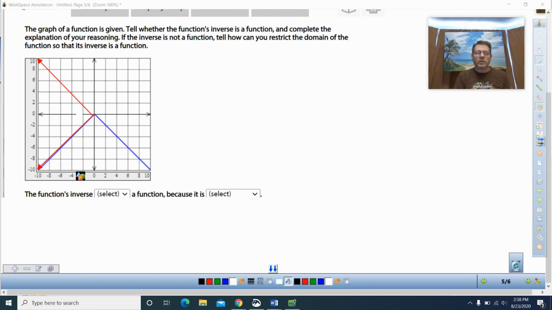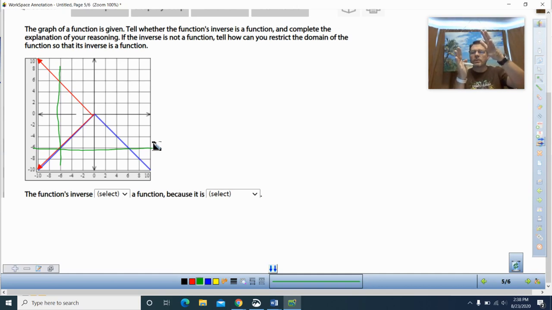Well, if I draw a vertical line through this spot right here, that's the -6. Let me do it in green. Drawing a vertical line through -6, isn't that going to be the same as if I drew it through here? Wouldn't that be the same thing? Because when I switch it over, it turns into that.